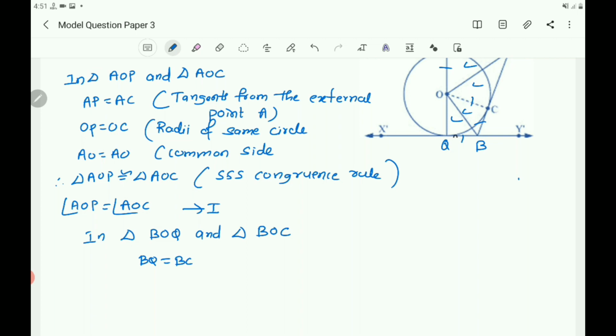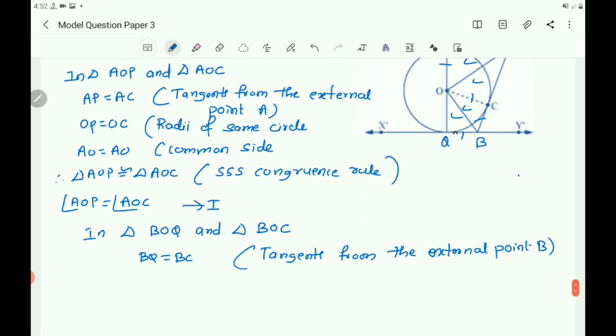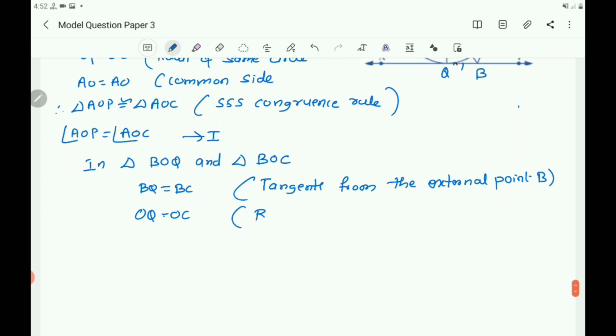So they are also tangents from the external point, which becomes external point B. And also you write OQ equals OC. They are radii of the same circle.